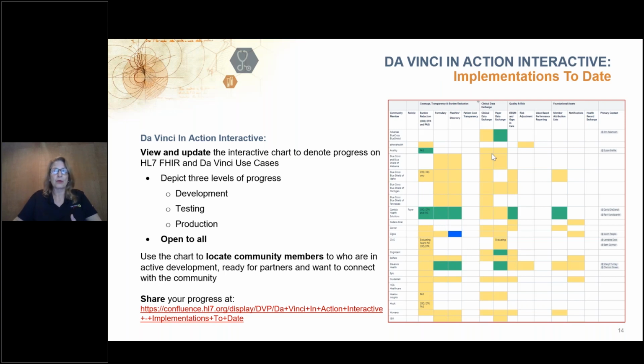By sharing this information, you can help the Da Vinci leadership better understand the traction we're getting in the marketplace, as well as helping your peers and colleagues understand where you are in your development of the APIs, and that provides an opportunity for wider collaboration among the community and to understand the landscape of API adoption. We hope you will come in and update and edit this Da Vinci in Action interactive page with your project information.